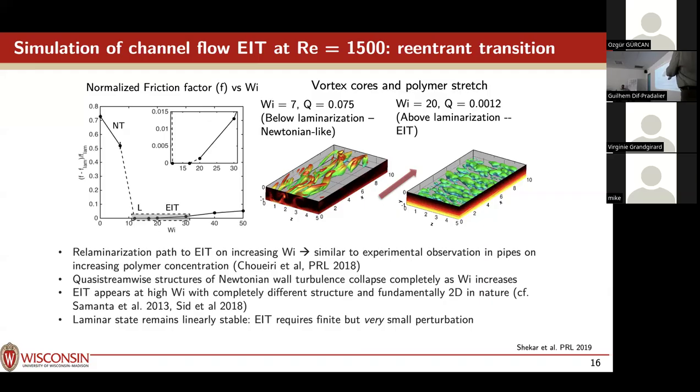Up here, Weissenberg number 20, in the EIT regime, you now see vortex structures in the spanwise direction. So here's this reentrant transition, the laminarization and then going back to elasto-inertial turbulence. We see the same thing found in those experiments. It's a different path through parameter space, but it's still this reentrant transition.